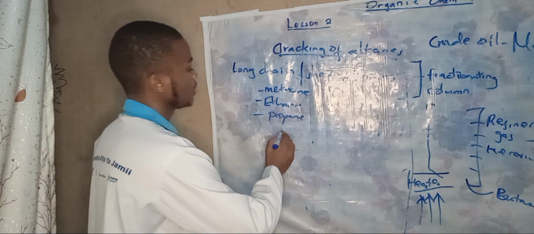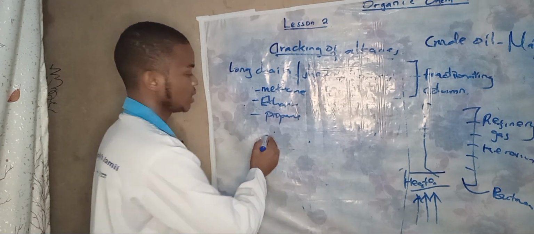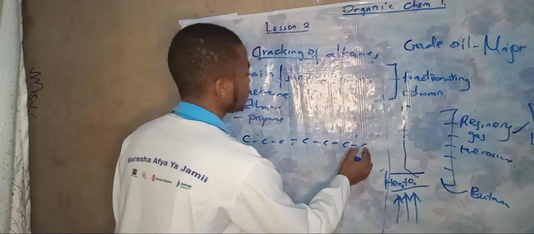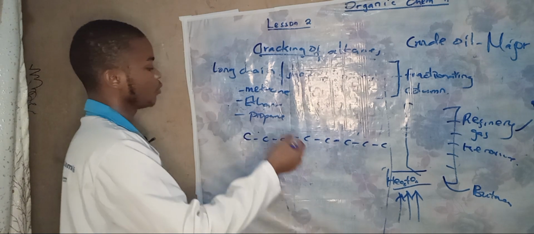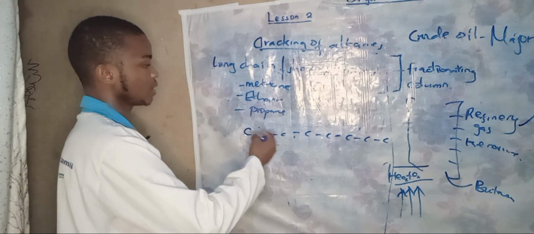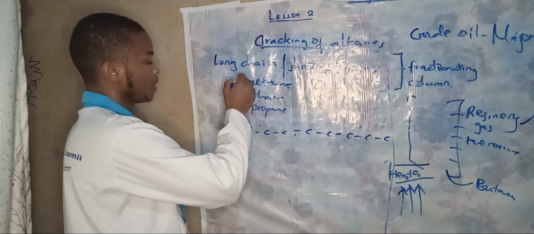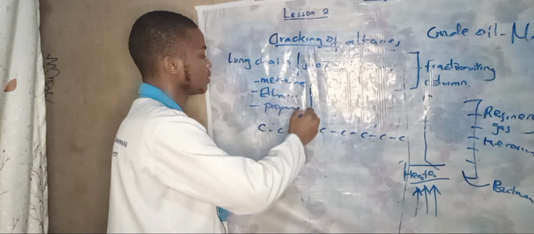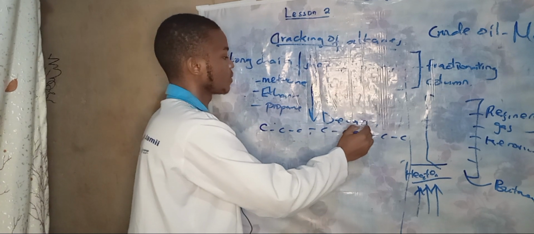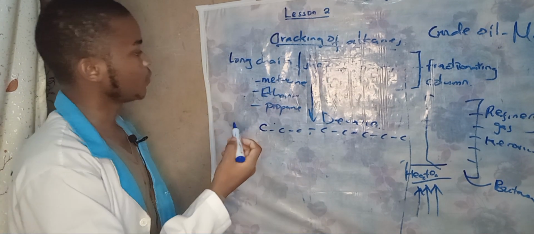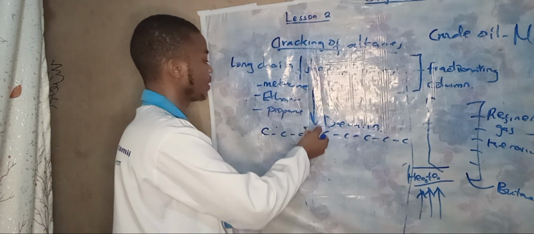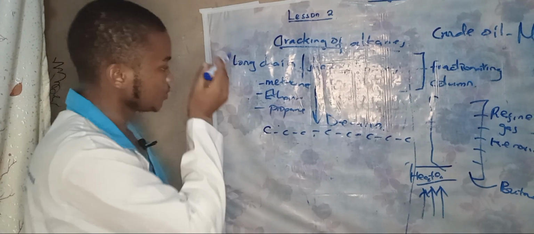We cannot have a long chain, for example carbon, carbon, carbon, carbon, carbon, carbon, carbon. It cannot help us. We must break it so that it is in the range of methane to the decane, or in case we need the gases, where we reach at the propane.